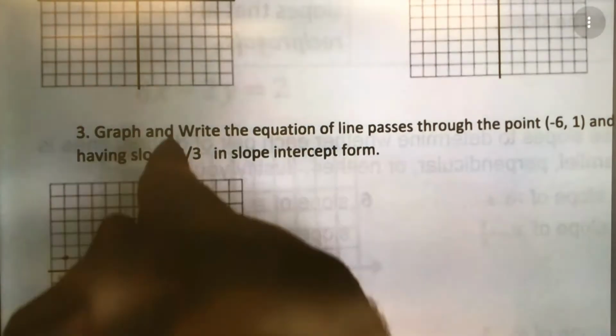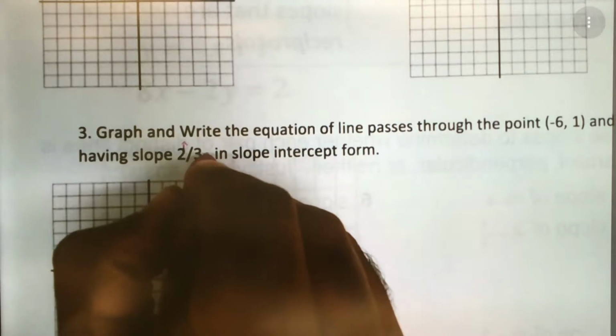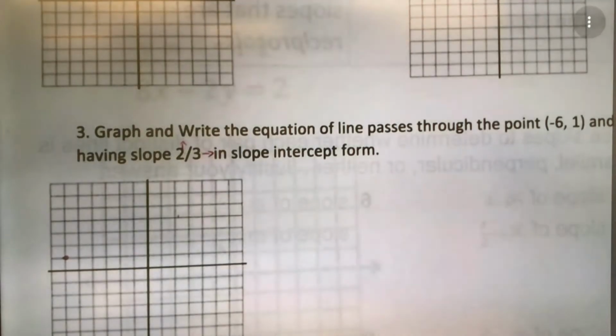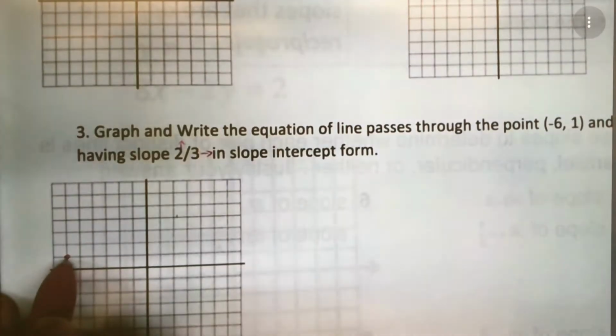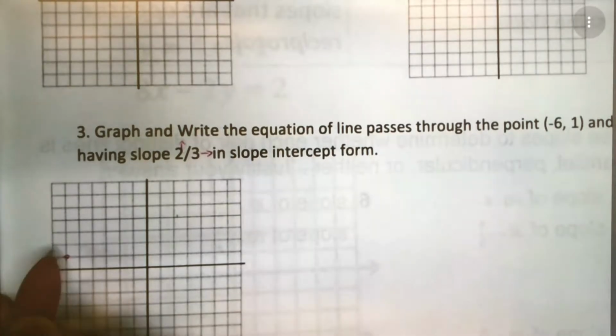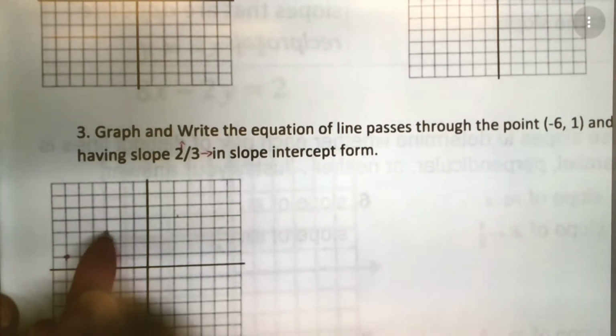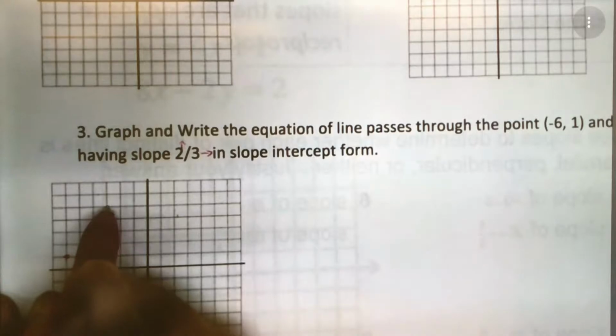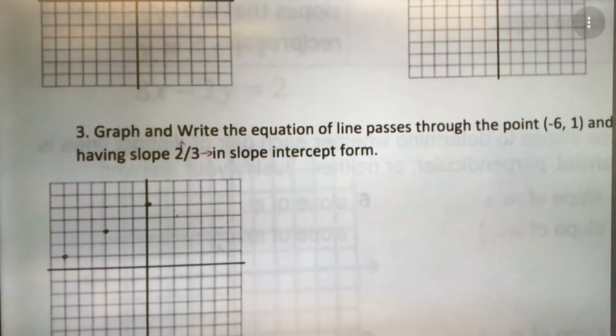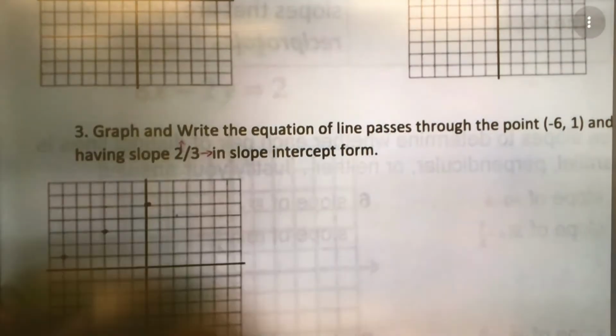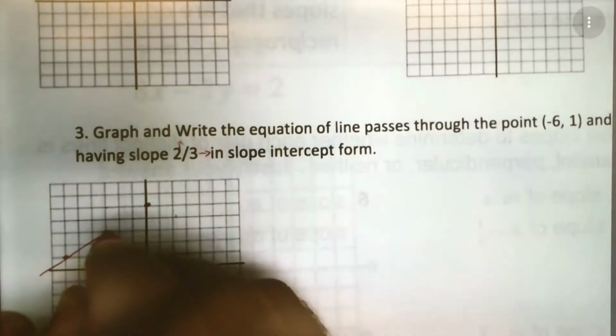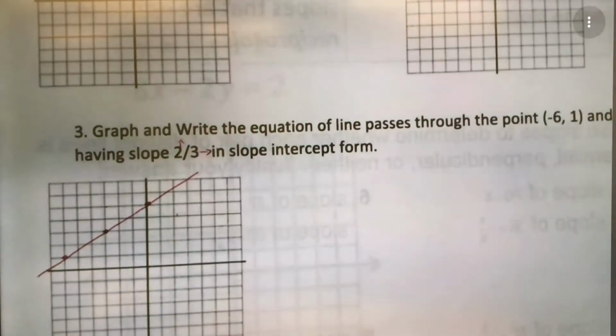That means I have to move 2 points up and 3 points over. That is the pattern here. So from the given point negative 6, 1, 2 points up, 3 points over. Draw a line connecting those points. That is the graph of the line.